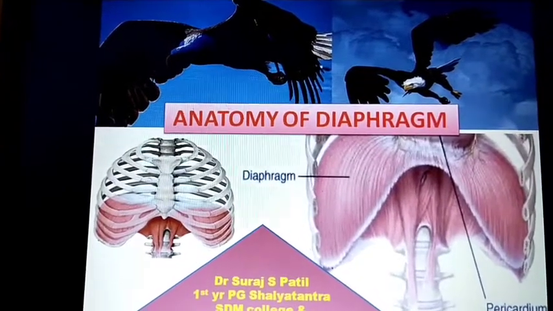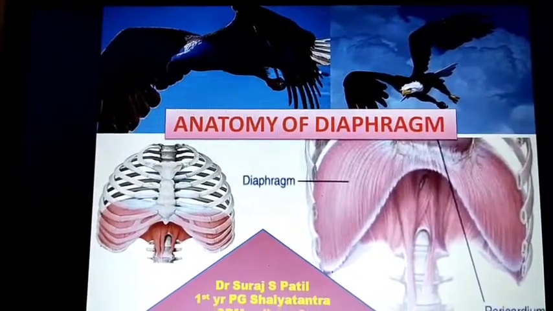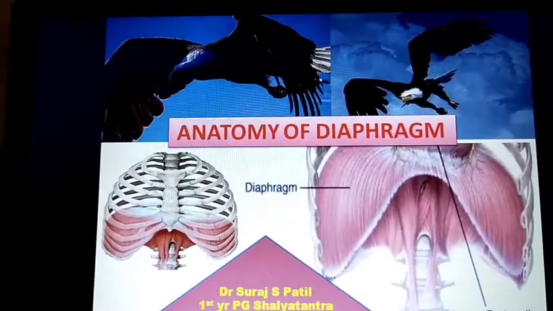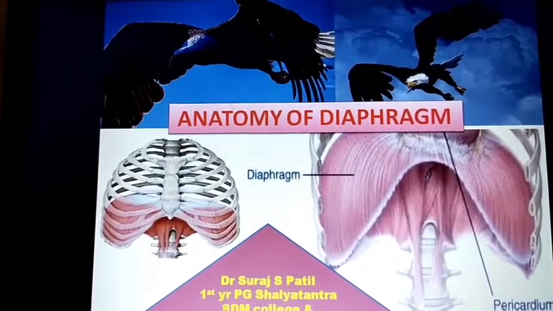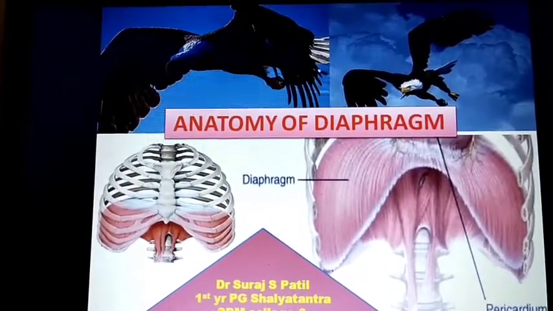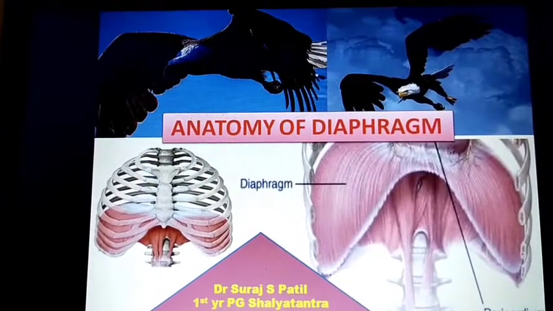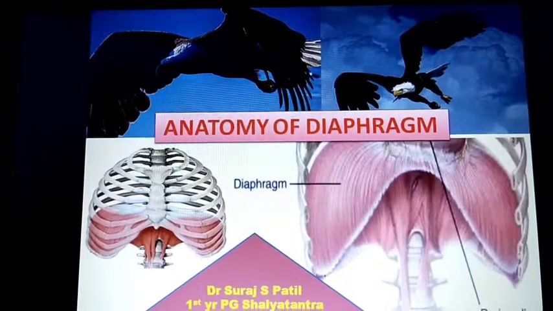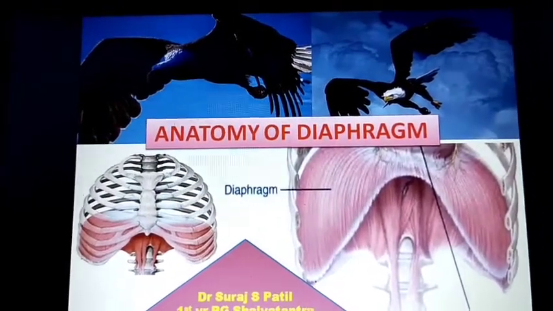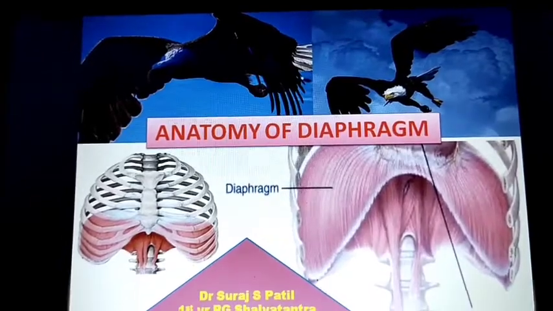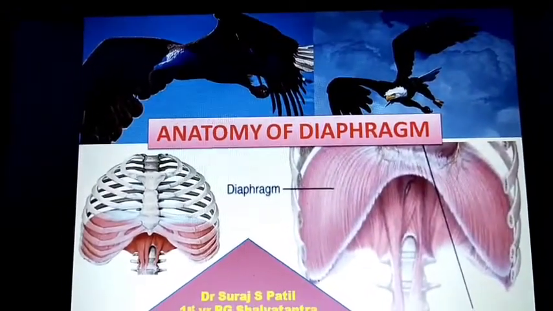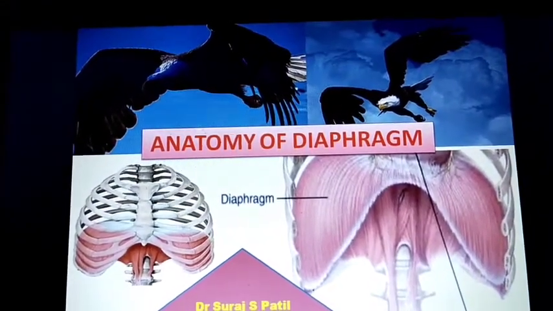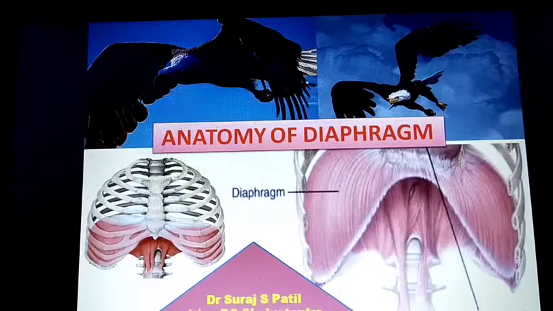The word diaphragm comes from Greek, where dia means through or apart, and phragm means fence, which separates. In Greek the meaning of diaphragm is partition.